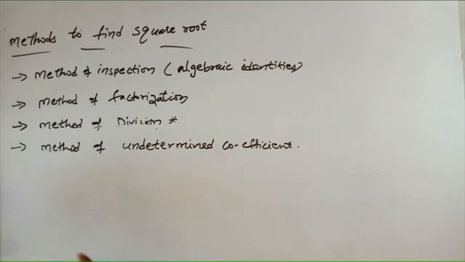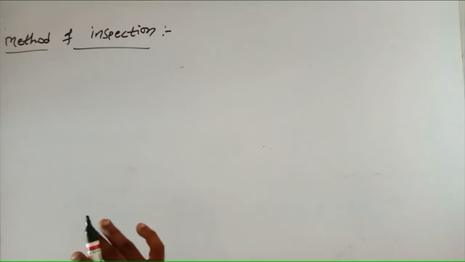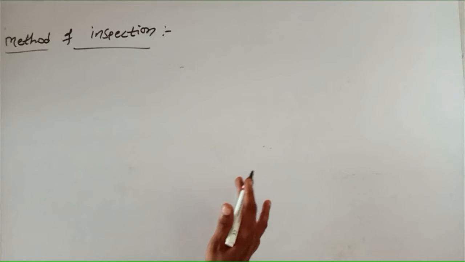So let's do the problems on the first method, that is the method of inspection, or by using algebraic identities. Children, in this method we use algebraic identities to find square roots of polynomials.